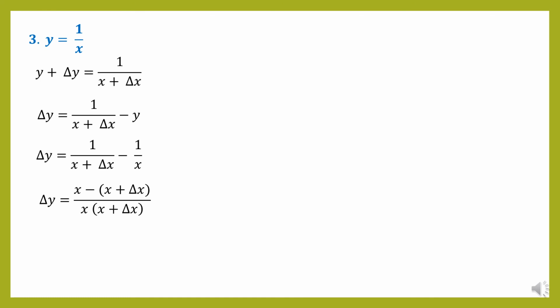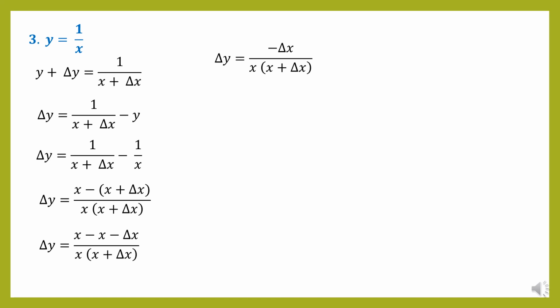Remove the parentheses, so therefore we have now the increment of y, which is equal to x minus x minus increment of x all over x times x plus increment of x. To combine the numerator, we have now increment of y, which is equal to negative increment of x divided by x times x plus increment of x.